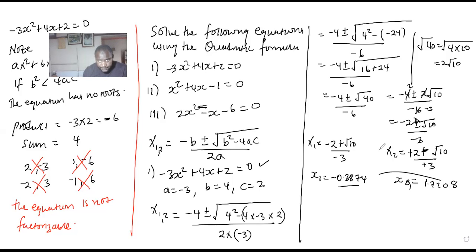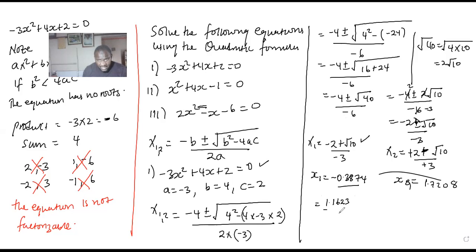On this first one, the numerator, what is root of 10? Root of 10 is 3 point something. 3.1623. Minus 2, you get 1.1623.